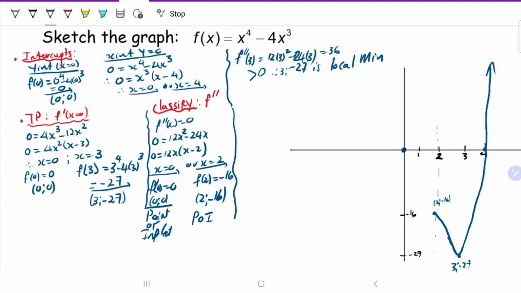There will be some form of a curve. And this is where the graph is just going to go from being concave up to some form of concave down again. Once we get here, we know that this is a turning point and a point of inflection. And then the graph is just going to go in that direction. Boom. So that's quite some important information for us to know.